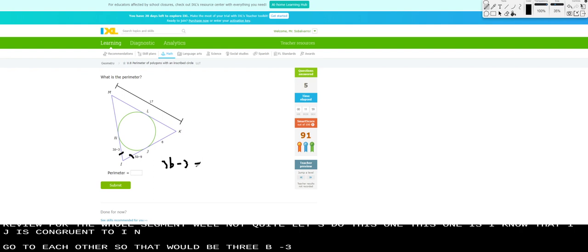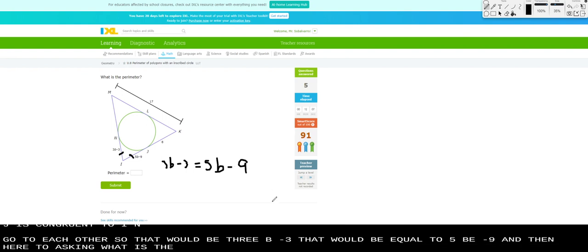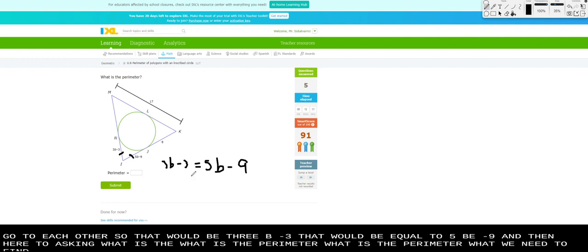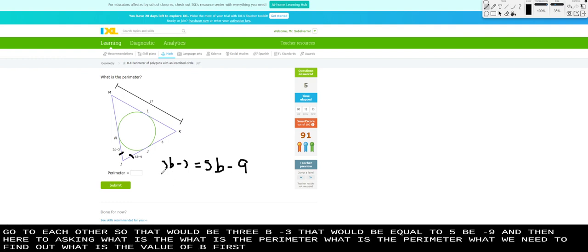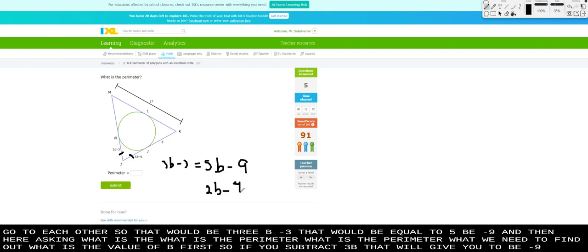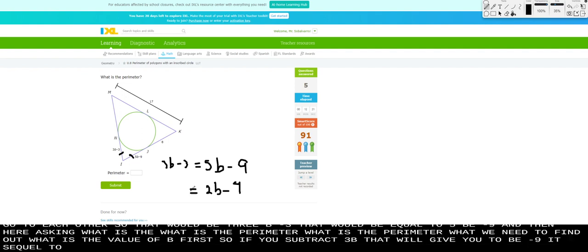That would be equal to 5B minus 9. And then here they're asking what is the perimeter? Well, we need to find out what is the value of B first. So if you subtract 3B, that will give you 2B minus 9. It's equal to negative 3.